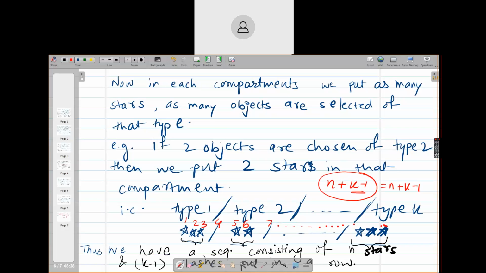And how many stars do you want to choose from these places? On how many places are you going to put the stars? Tell me how many stars there will be. These are the total places: n plus k minus 1 are the places. On how many of these places are you going to put a star? What is the sample size?